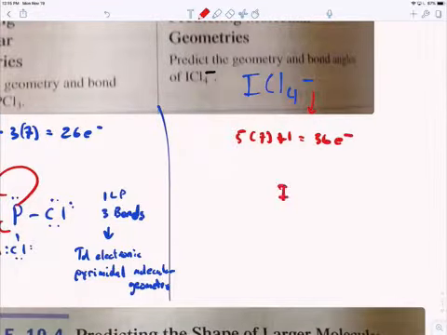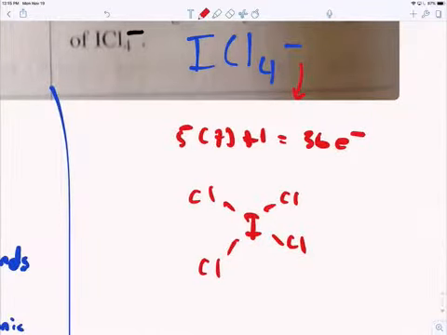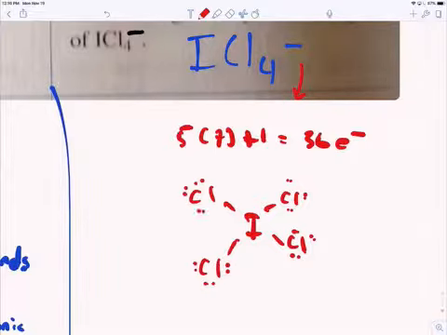Okay, and then there's iodine, Cl, Cl, Cl, Cl. So we need 36 electrons. 4 lines, that's 8. 10, oops, too many. 10, 12, 14, 16, 18, 20, 22, 24, 26, 28, 30, 32, 34, 36.